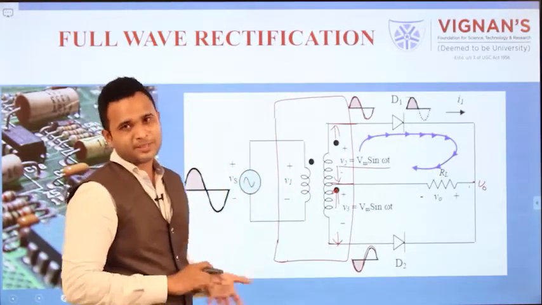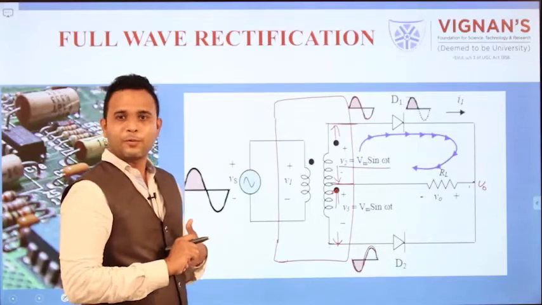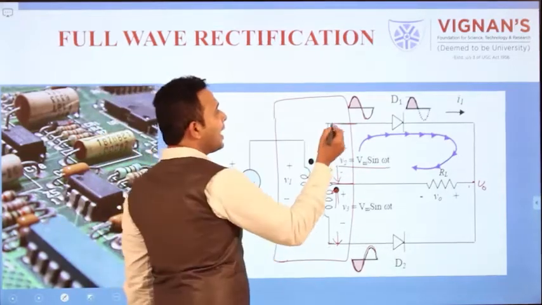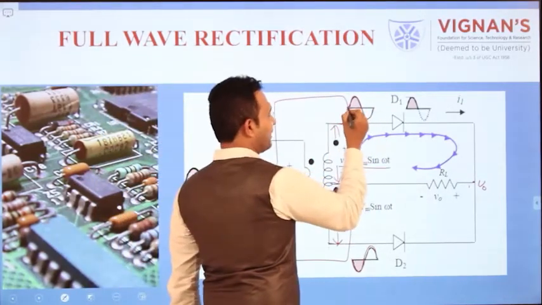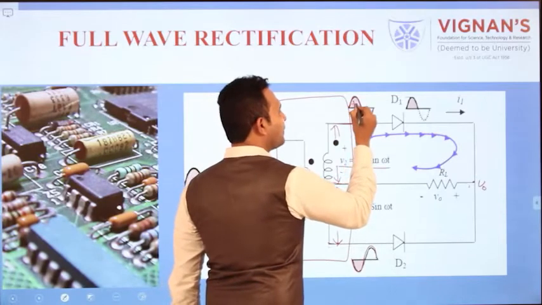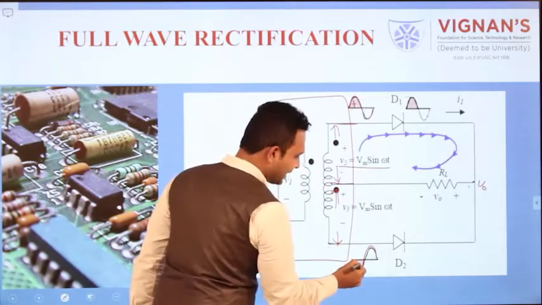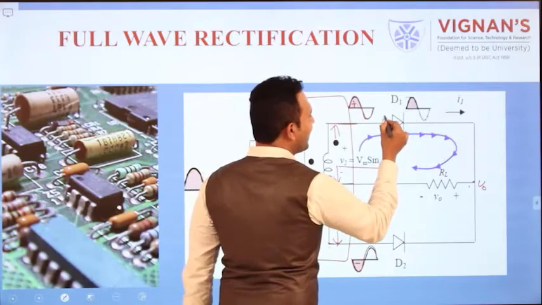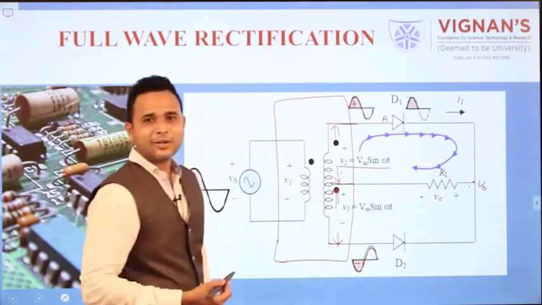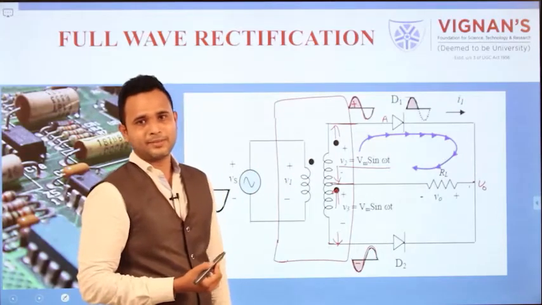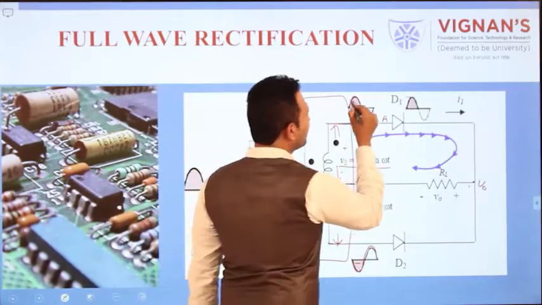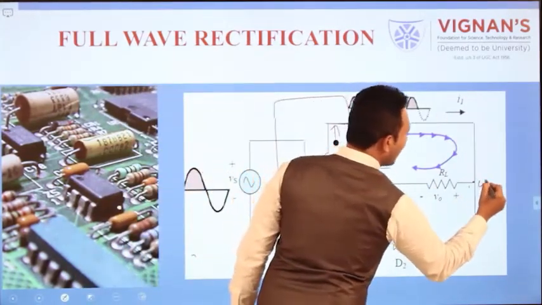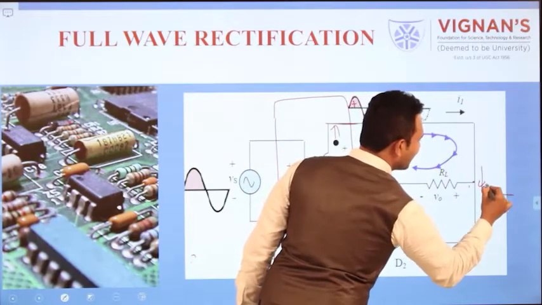What is the basic operation of the full wave rectifier? At the time of the first pulse, here we get the positive pulse and here we get the negative pulse. The positive is connected to the anode terminal of diode D1, which means the diode is in forward bias. So the whole positive peak is coming at the output side. I will draw the same thing here.